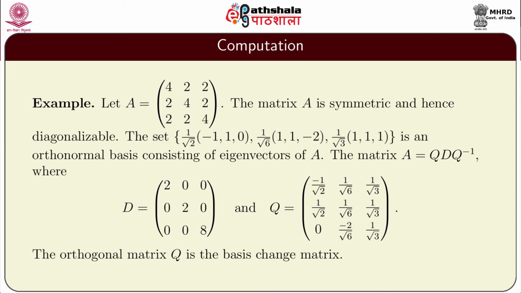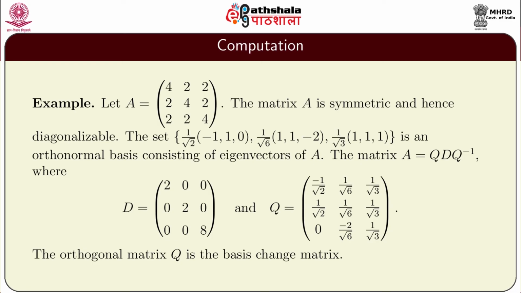Therefore, the matrix A is Q D Q inverse, where D is this diagonal matrix with principal diagonal entries 2, 2, 8, which are the eigenvalues of A, and Q is this 3 cross 3 matrix where the first row is minus 1 by root 2, 1 by root 6, 1 by root 3, the second row is 1 by root 2, 1 by root 6, 1 by root 3, and the third row is 0, minus 2 by root 6, 1 by root 3.